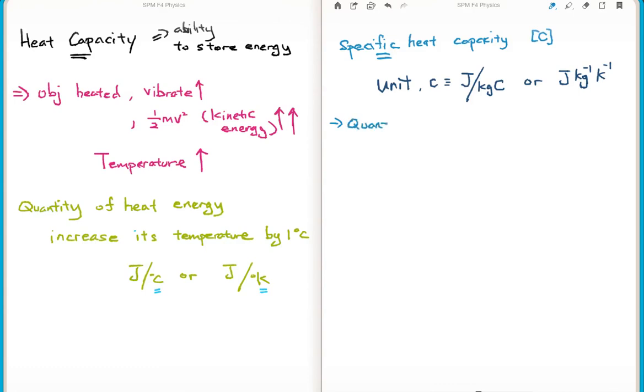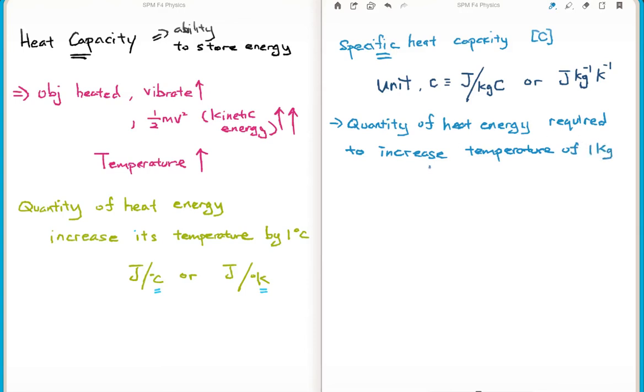It's quantity, meaning how much. Quantity of heat energy required to increase the temperature of 1 kg of mass by 1 degree C, or by 1 degree Kelvin.